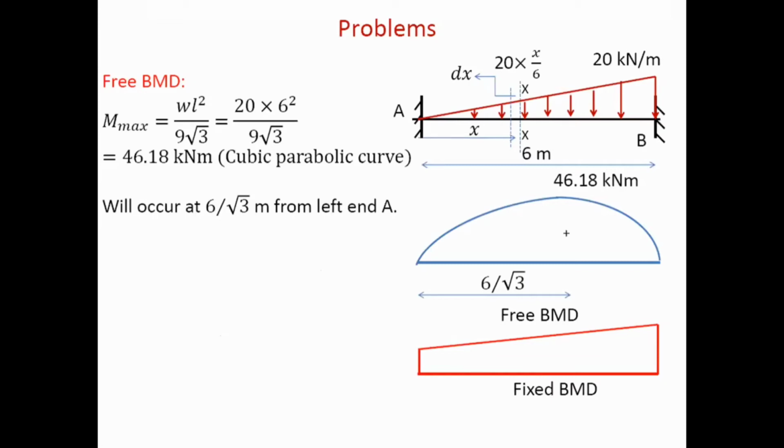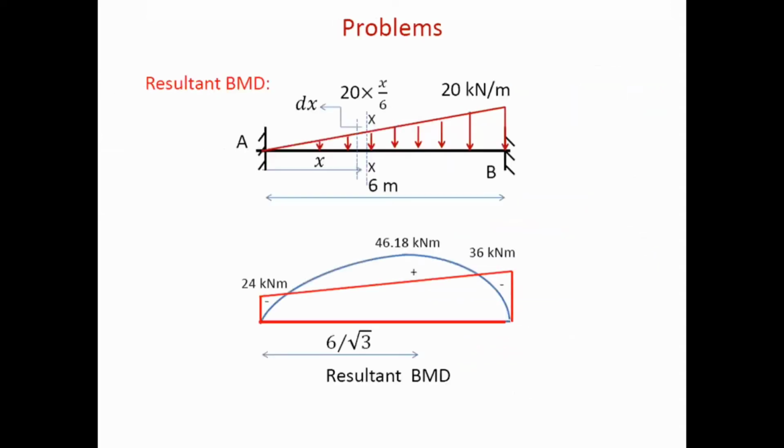So it is a cubic parabolic curve, and maximum moment will take place at 6 divided by root 3 meter from left end A. This is also something we know how to find, so I will not discuss it in detail. MA and MB, we have found the fixed end moments. So this is our BMD with overlap.